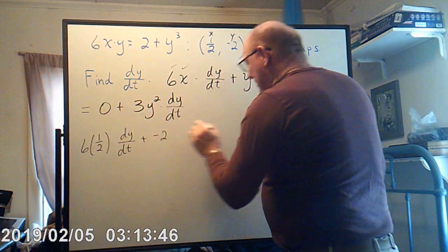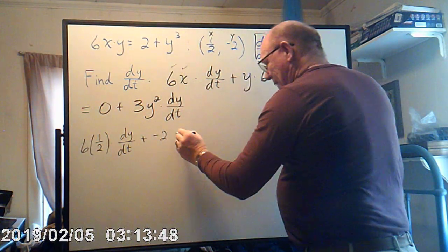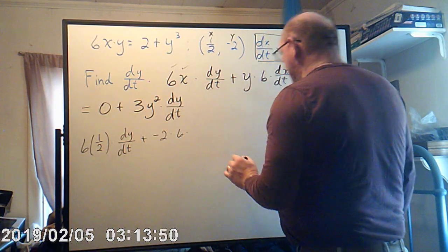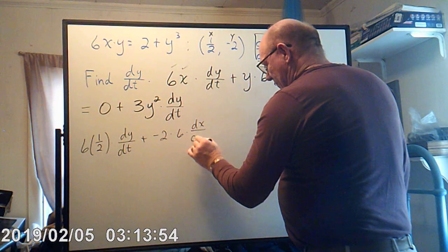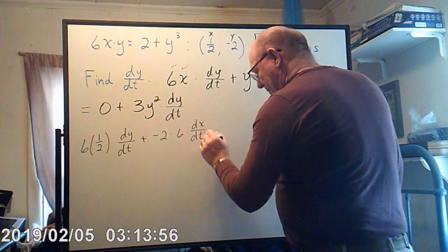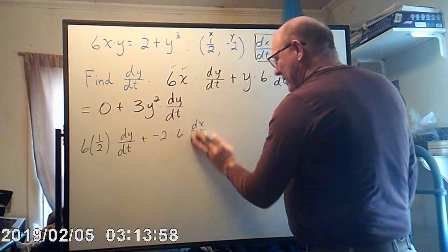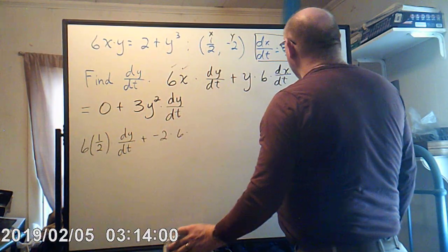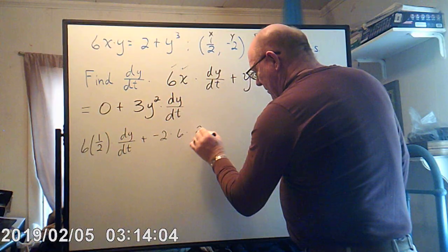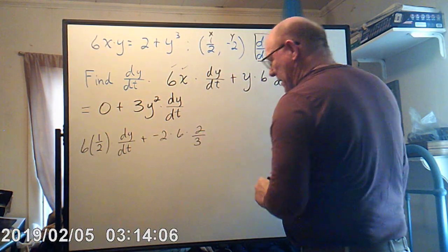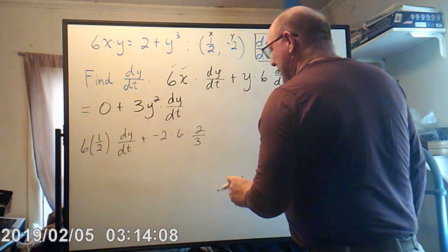So -2 times 6 times dx over dt, which we know that answer too, by the way. That is given to be 2/3 times 2/3. Alright, so we know that.